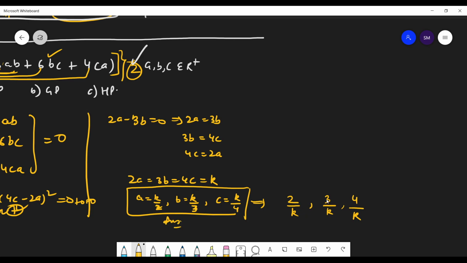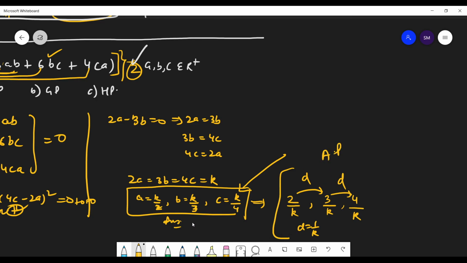Now if I do the reciprocals, this is what I get. Students, what is the common difference here? Sir, 1 by k. Very good. So d is 1 by k here. So it means in AP.